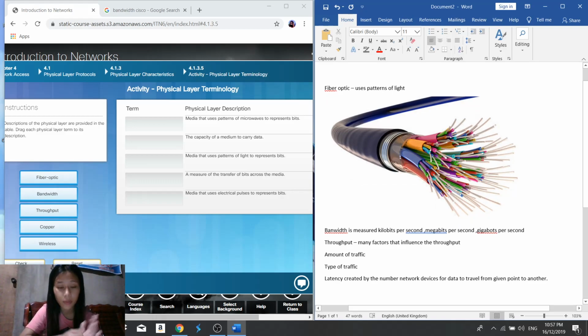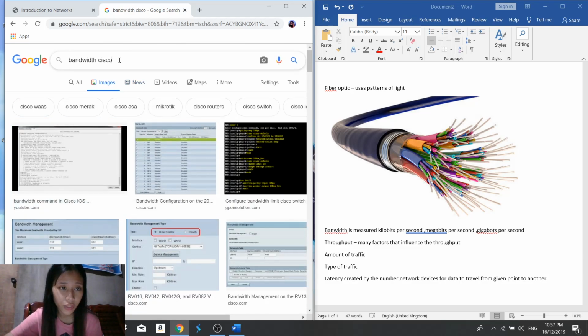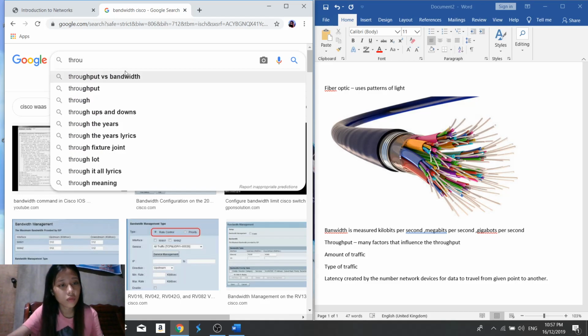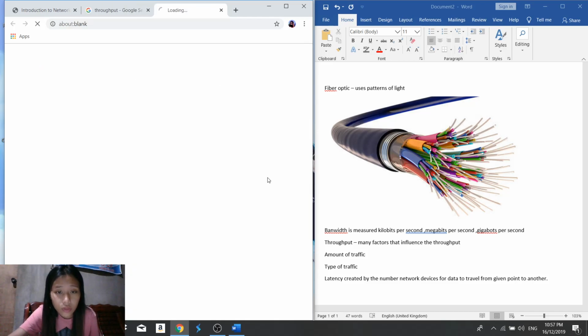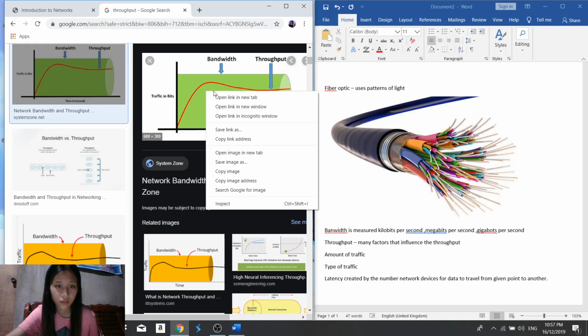So the amount of traffic, the type of traffic, and the latency created by the number of network devices for data to travel from a given point to another. For the throughput, as you can see in this example, the network bandwidth and throughput, with traffic in bits and time in seconds.